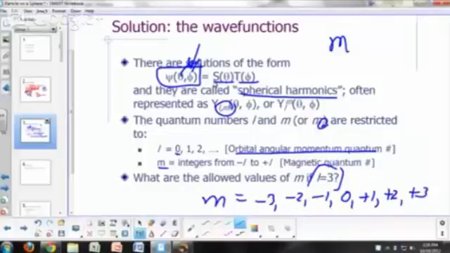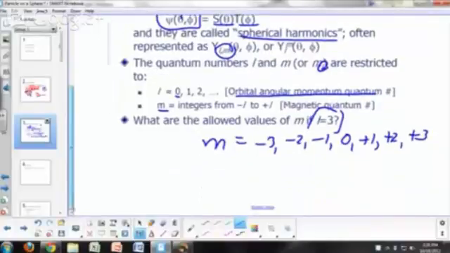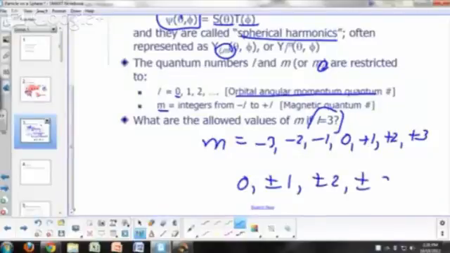Or you can say it's 0, plus or minus 1, plus or minus 2, plus or minus 3.